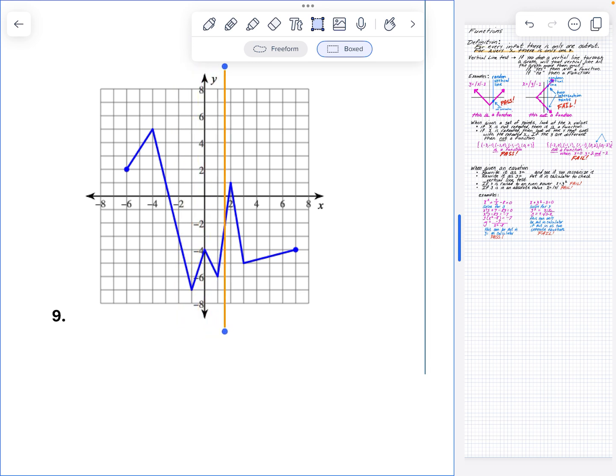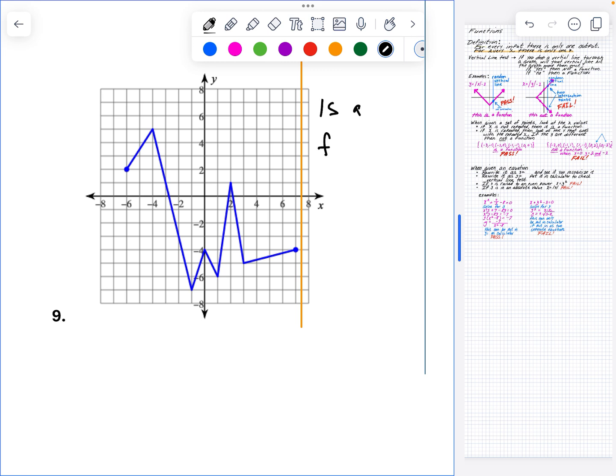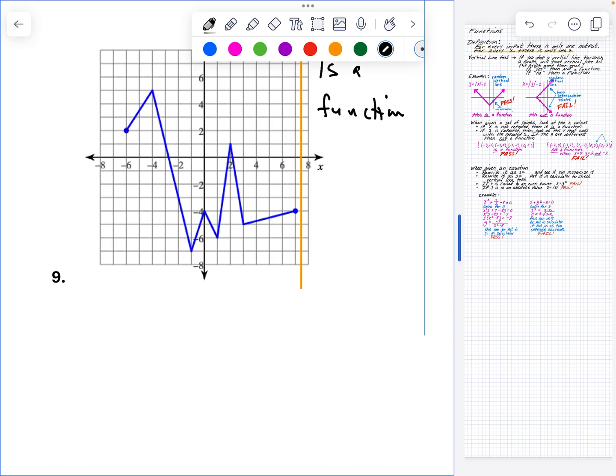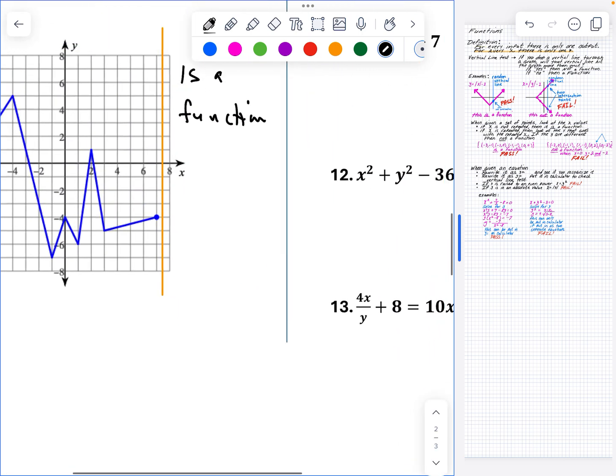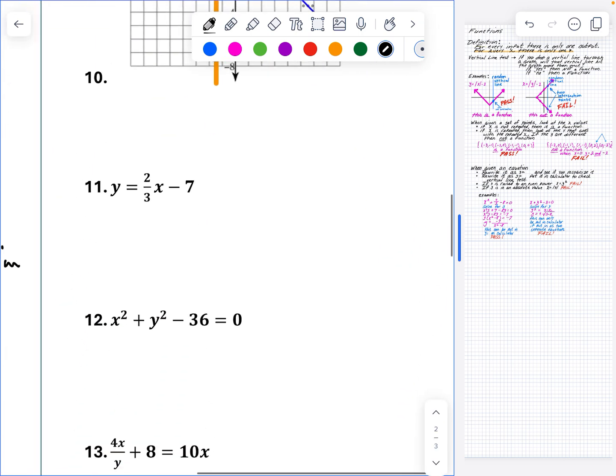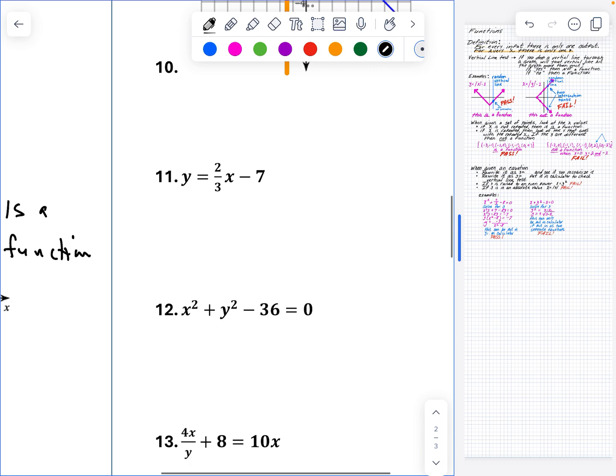Even right here where it looks close, it's still only one intersection point. So this is a function. It passes the vertical line test. Okay. So this is a function.